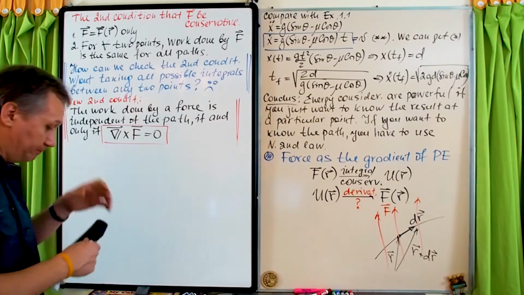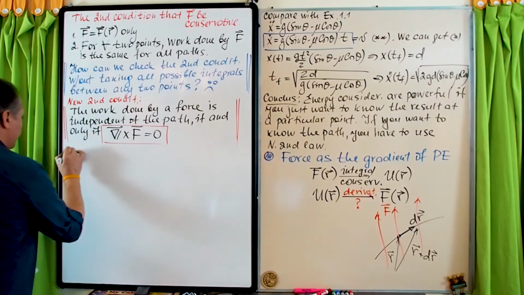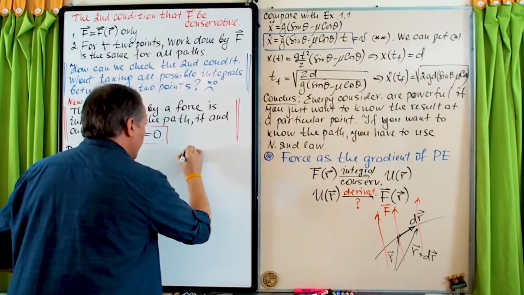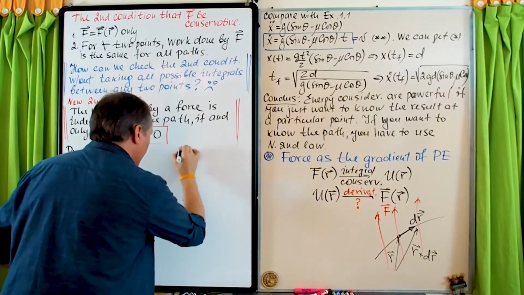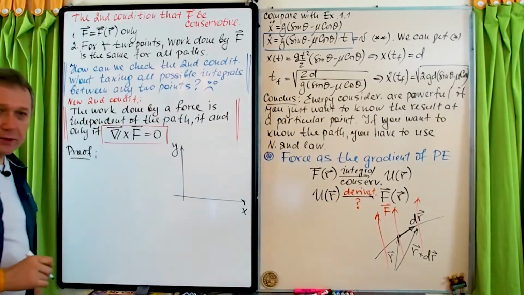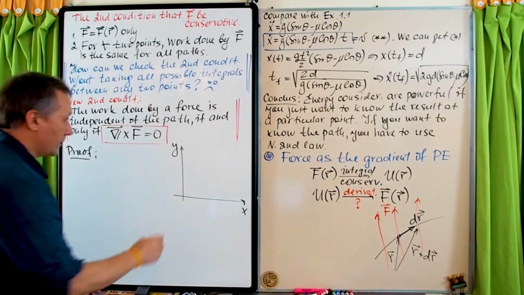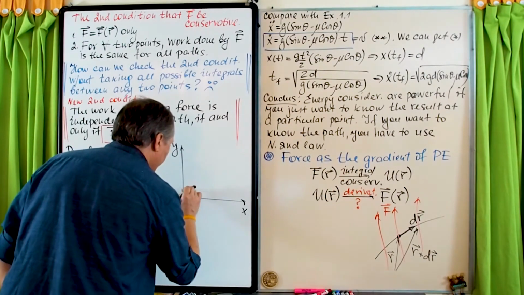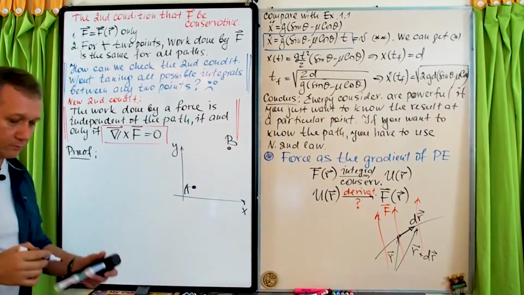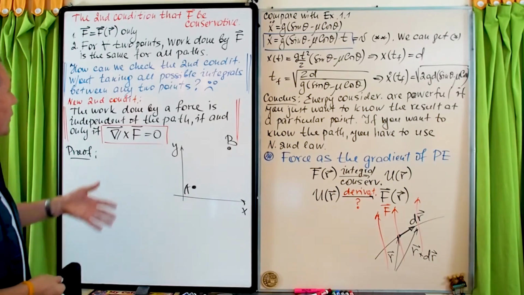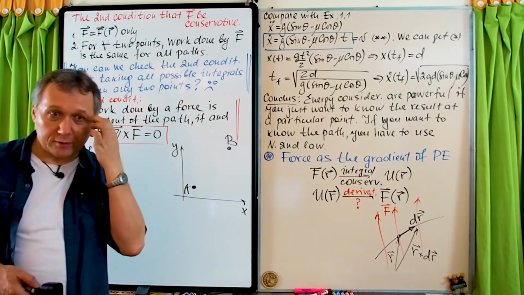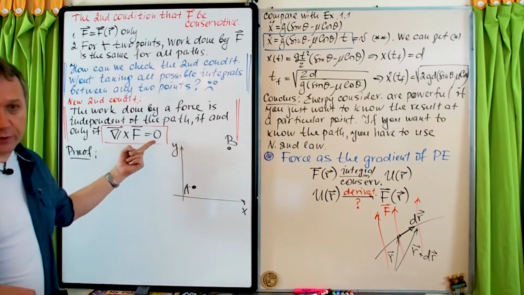So let's prove it. Let's take two arbitrary points, point A and point B. Of course, force is conservative, and we want to get this condition if the force is conservative.